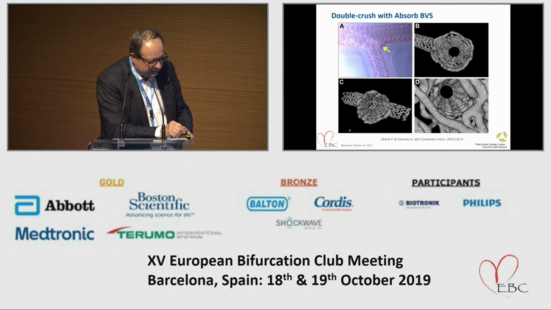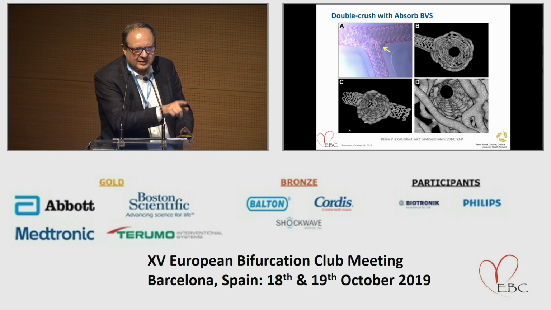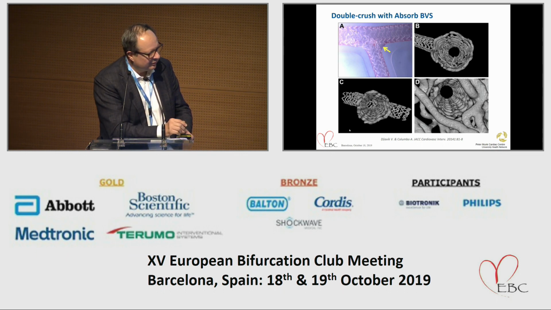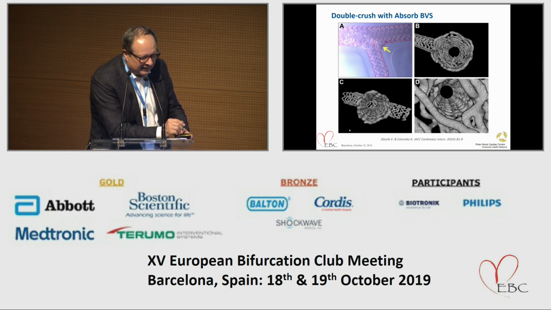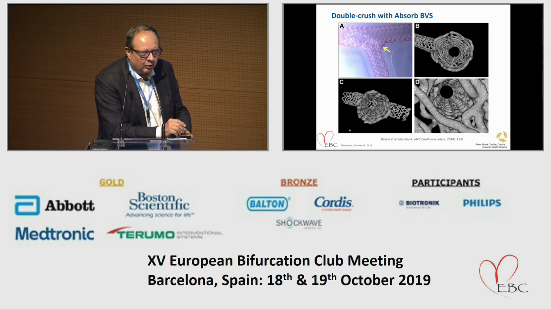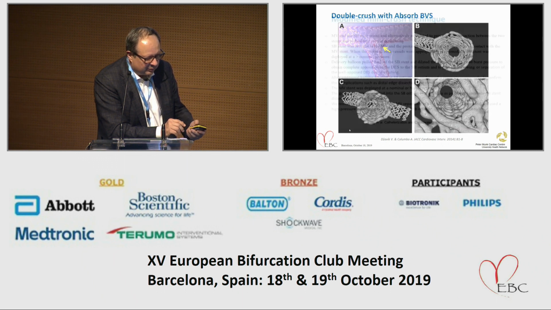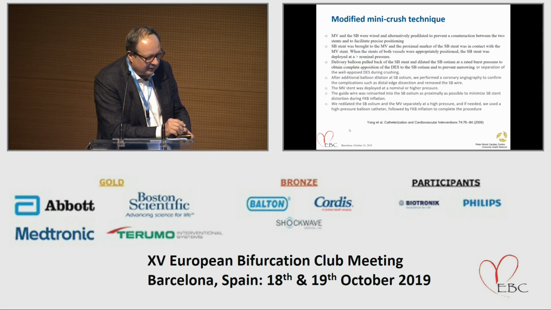In C, you see the picture through the side branch struts into the main vessel. Never mind the little spicule, that's just a plastic stent fracture. We don't get those anymore because we're not using plastic stents at this point. But otherwise, a perfectly round circular opening into the side branch with the double crush technique.